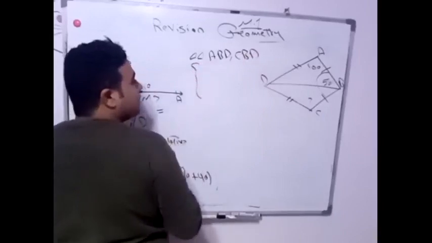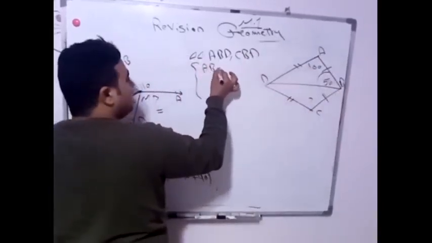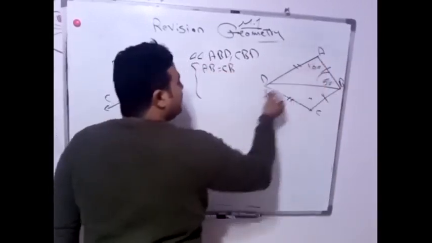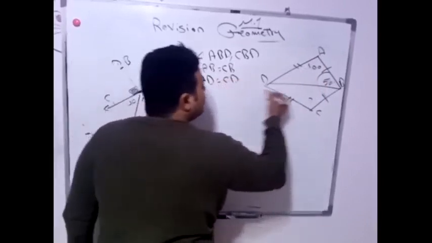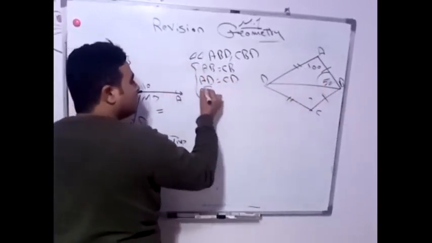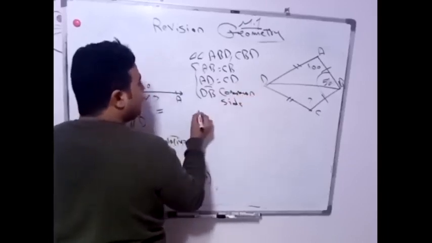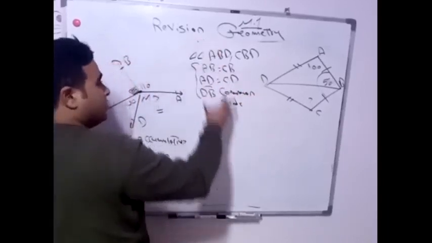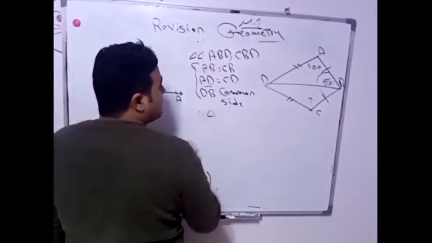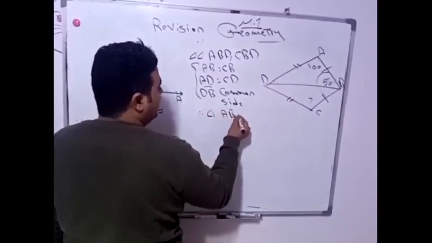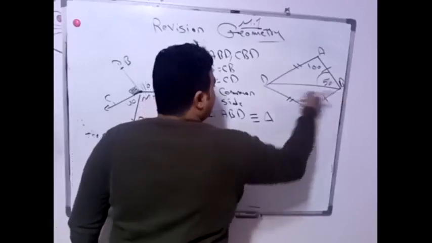We have three conditions: AB equal CB, AD equal CD, and BD common side. Since we have these three conditions, the first triangle ABD is congruent to triangle CBD.